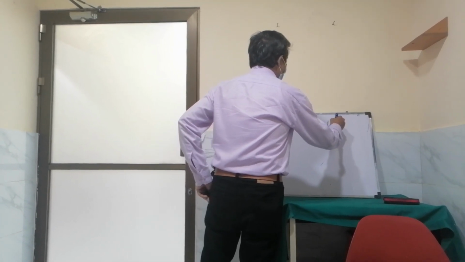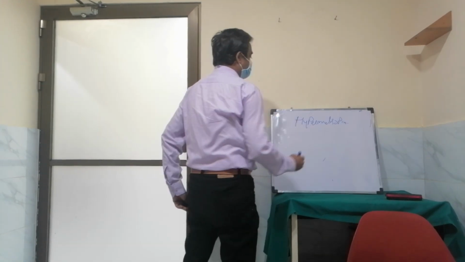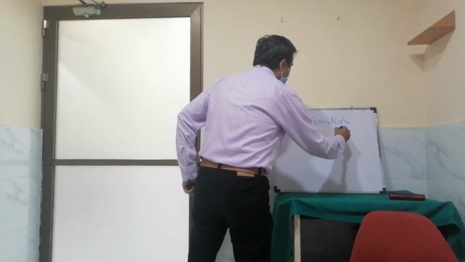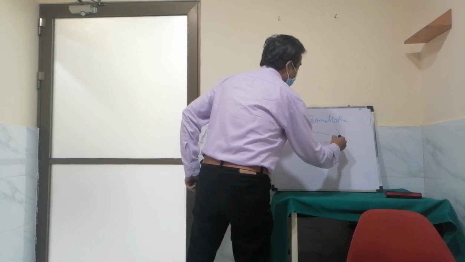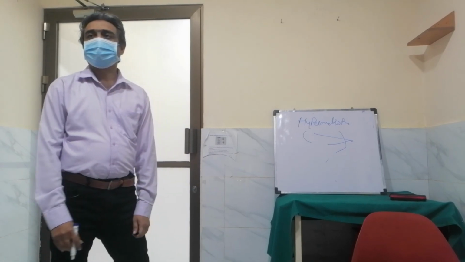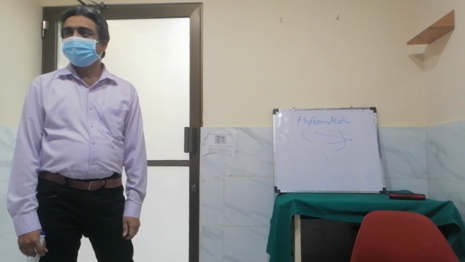Hypermetropia is also called farsightedness. In this, this is the retina and the rays of light are focused behind the retina.